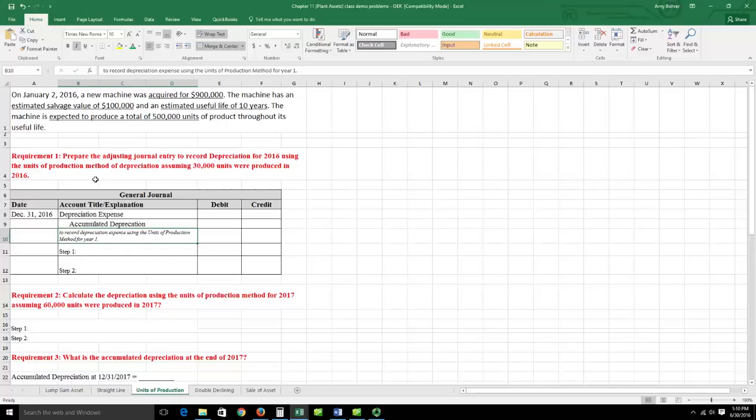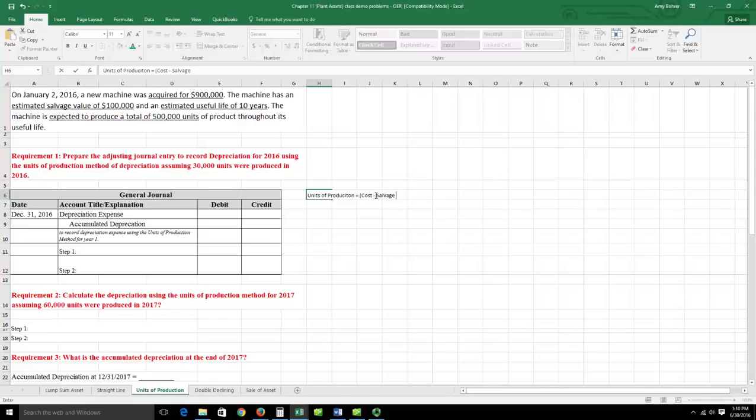And so for the units of production method, the formula's numerator is the same. It's still cost minus salvage value or residual value. That's still your numerator. But the denominator now, instead of dividing by the 10 years for the useful life, we're going to divide by the number of units that are estimated to be produced by this machine.